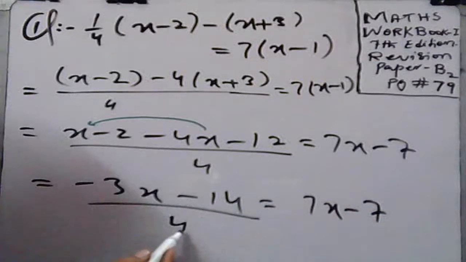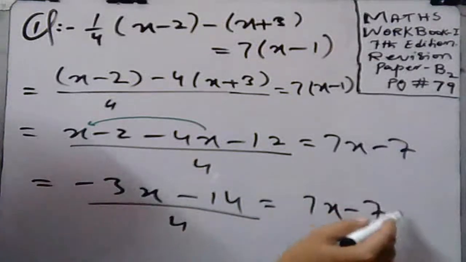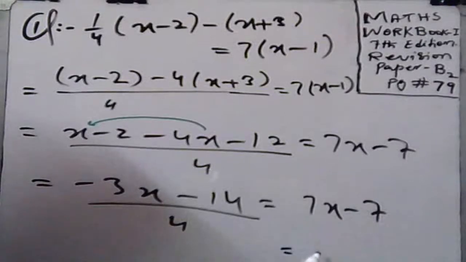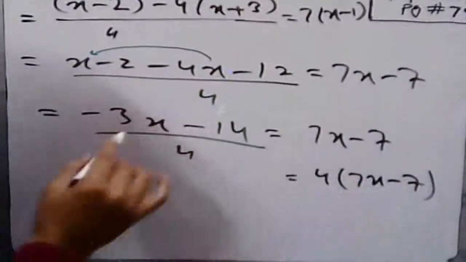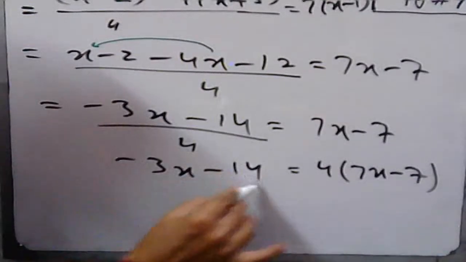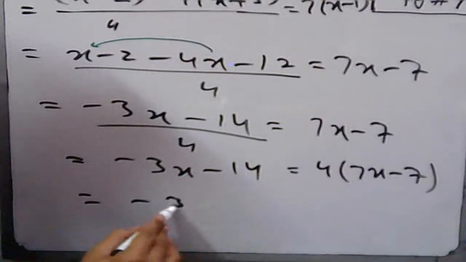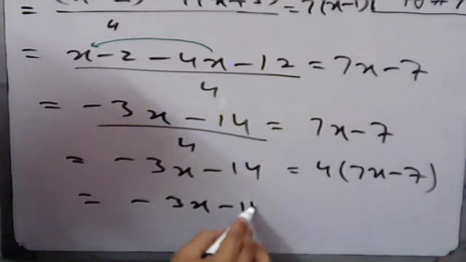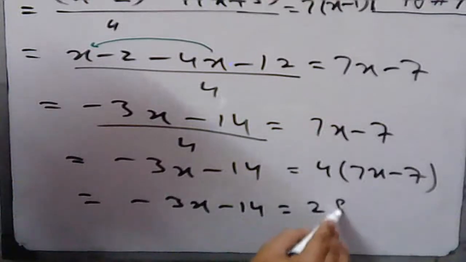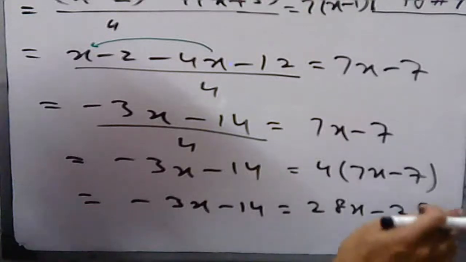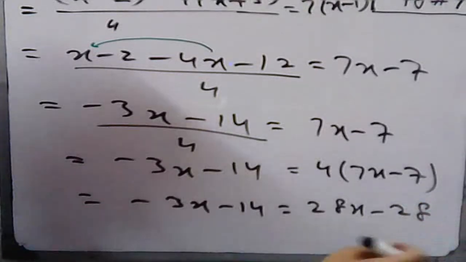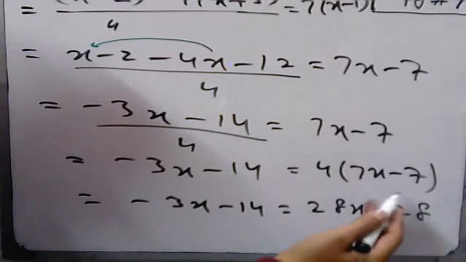By using cross multiplication, this 4 will be multiplied with both the terms, so you will get 4 multiplied by 7x minus 7 and minus 3x minus 14. So minus 3x minus 14 is equal to 28x minus 28.